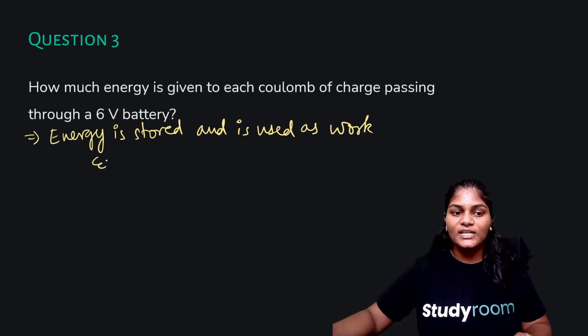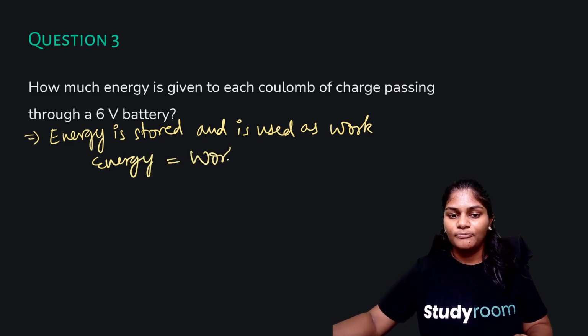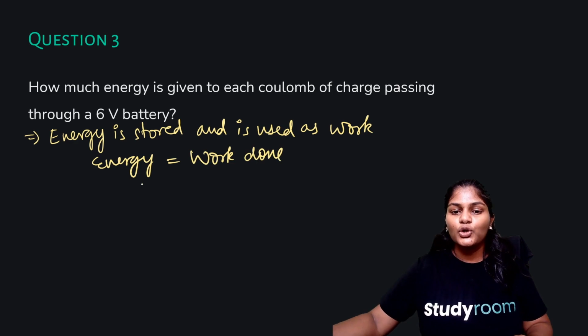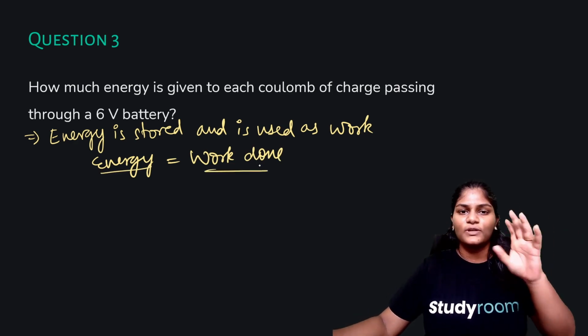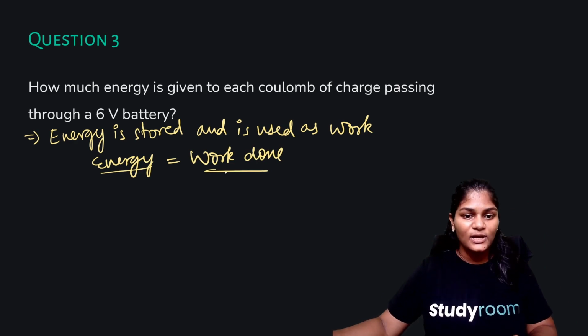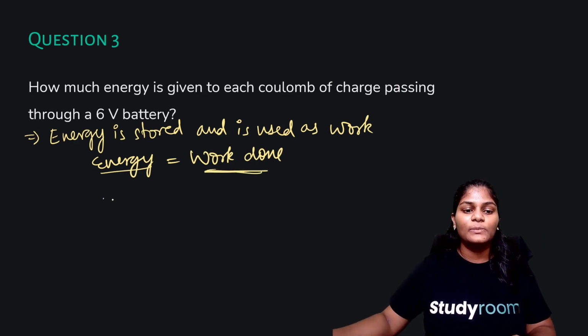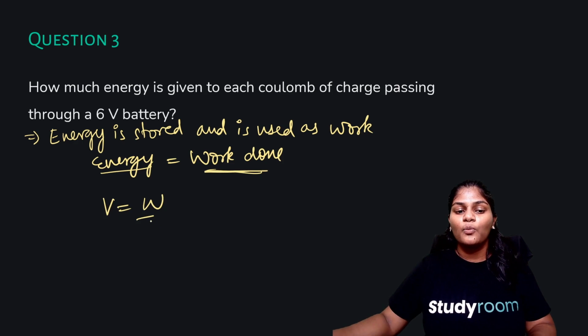So in that case we write that the energy is equal to work done. Do we know the formula of work done in case of potential difference? Yes, because we know potential difference is work done upon the charge.